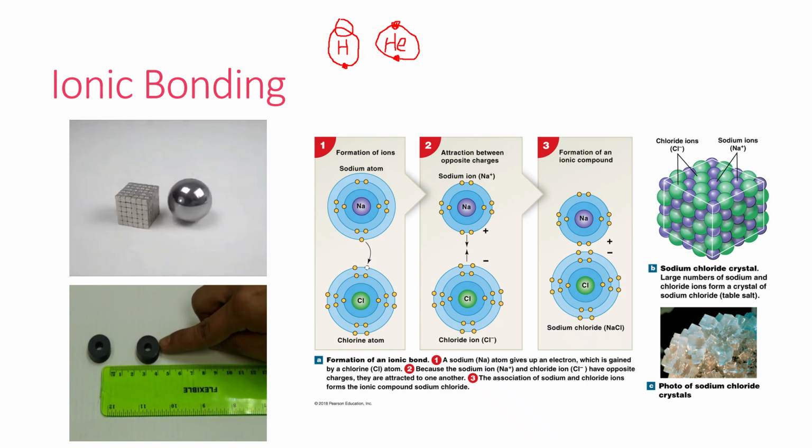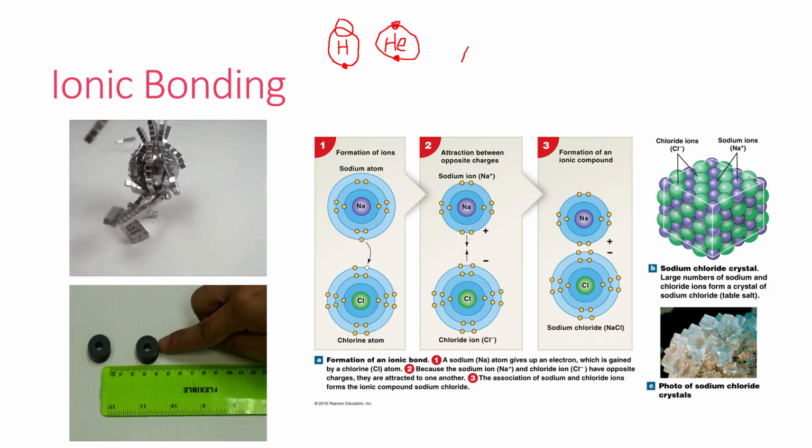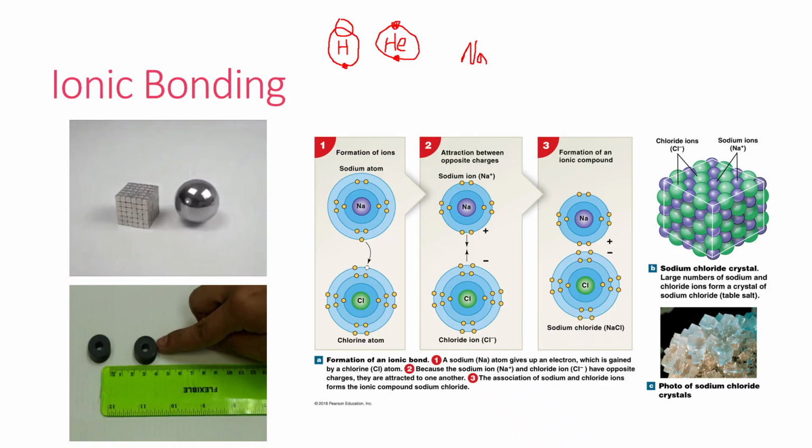Now, 2 of the ones that are going to form ions that we need to talk about are sodium and chlorine. So sodium is going to have 11 electrons and 11 protons.